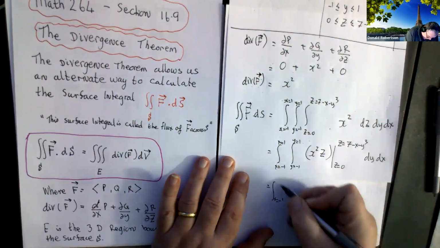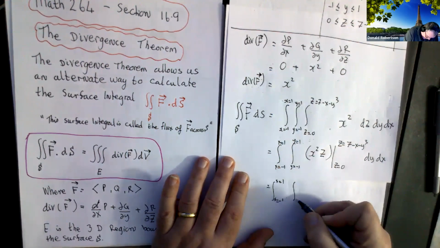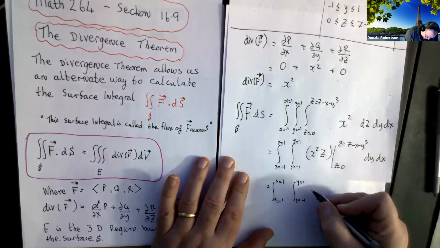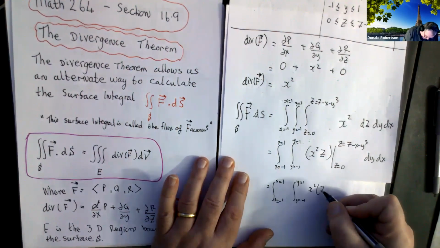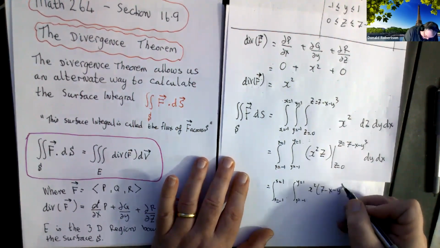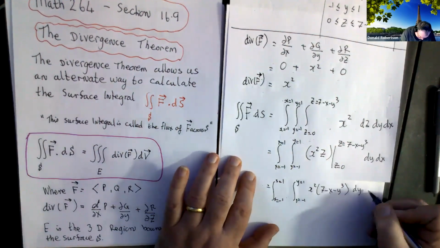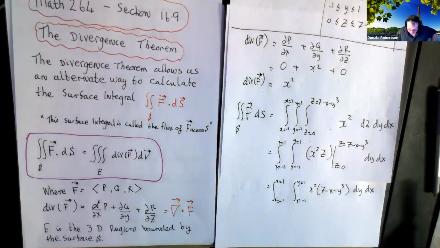Then a little bit more, I think. You get x squared times that guy minus nothing. So I won't write it down at all. So you get that. Okay.